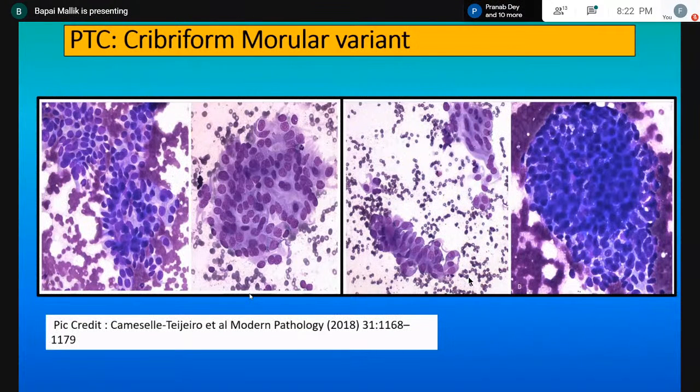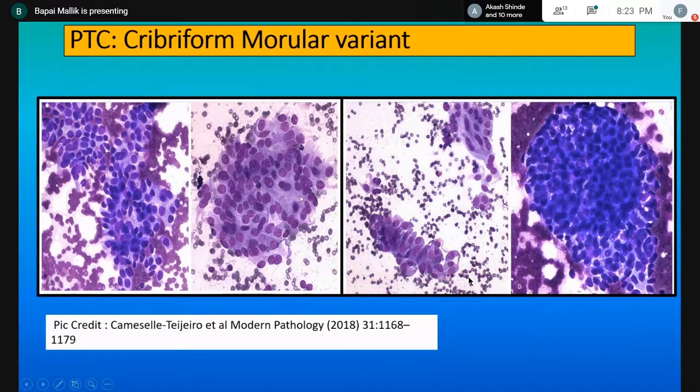Now this is a set of pictures picked up from the web. This is not our case, right? This was an article published by Emile Tejero et al., published in Modern Pathology, pretty recent in 2019. So in these clusters, if you can really think about it, you can start looking at this kind of spaces which possibly represent the so-called cribriform spaces within them, right? Look at this space here.